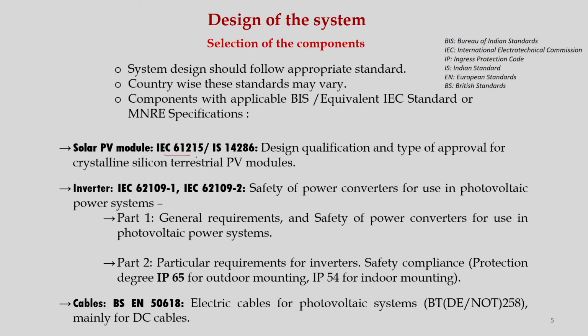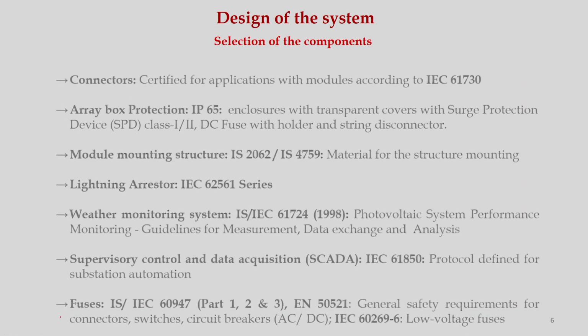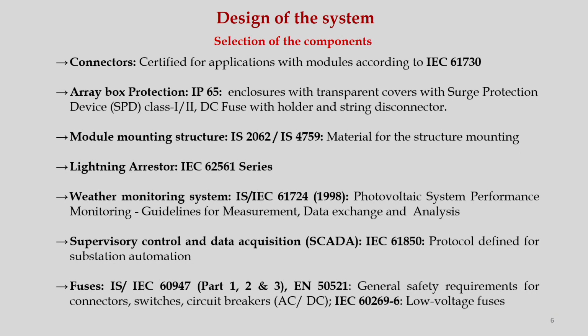For inverters, IEC 62109-1 or 2 configurations are used, and for cables, BS stands for British Standards and EN stands for European Standards, 50618. This kind of cable standard is used. For connectors also there are specific standards. There is IEC 61730, and for enclosure protection, it is IP 65.